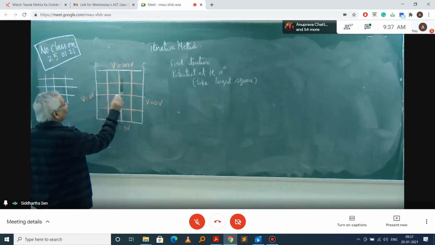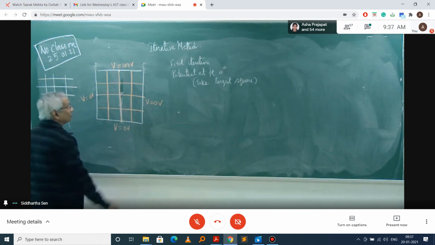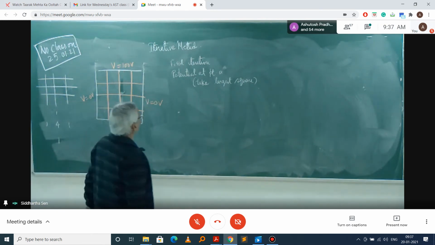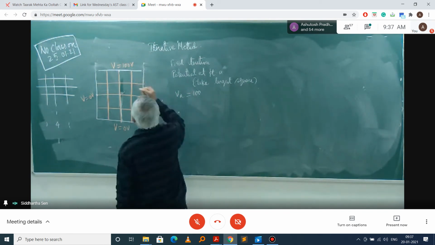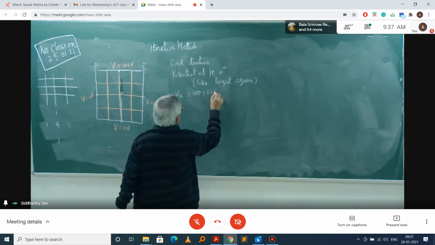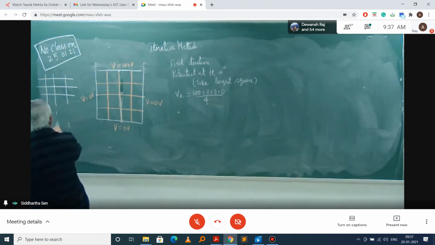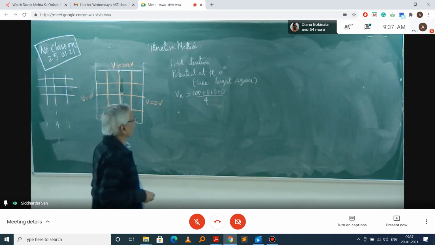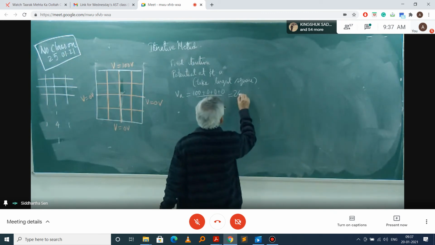This is 1 point, this is 1 point, this is 1 point, and this is 1 point. So what is the value of VA? 100 on the top, plus 0, plus 0, plus 0, divided by 4. You know, that is the thing there. This is a 4 here. If we want to divide it, we add them up and divide it by 4. So it is basically 25 volt.